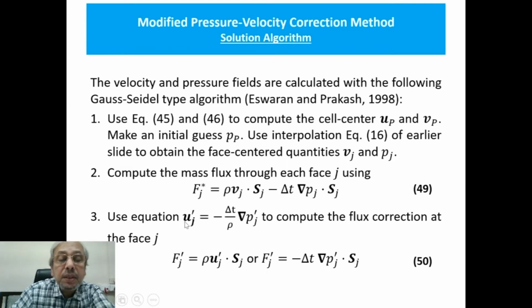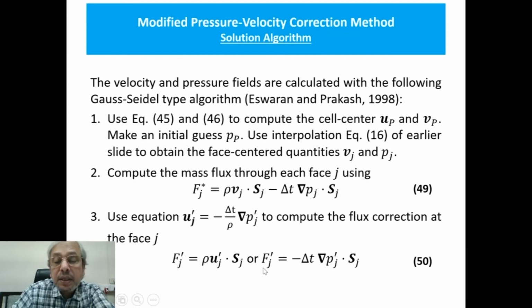Use the equation Uj prime is delta T by rho grad Pj prime to compute the flux correction at phase J. Then this Uj prime is used for flux correction, as has been written here.